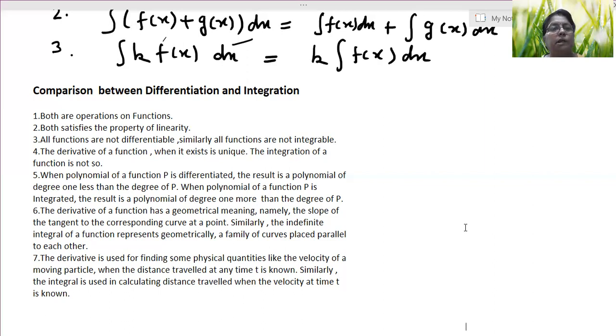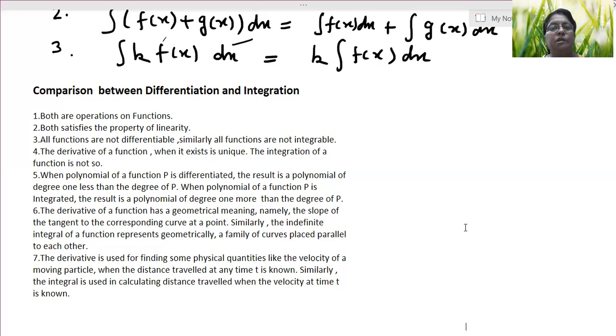Now the next: the derivative of a function has a geometrical meaning. If you remember, dy upon dx is the rate of change of y with respect to x. Or if you are differentiating distance with respect to time, यानी कि rate of change of distance with respect to time, that means speed, then it will give you the speed. So the derivative of a function has a geometrical meaning, the slope of the tangent to the corresponding curve at a point.